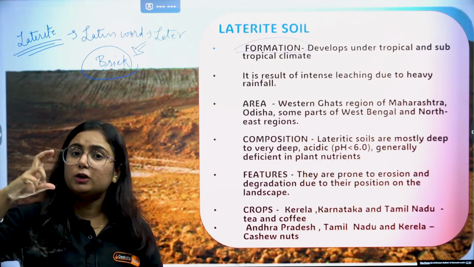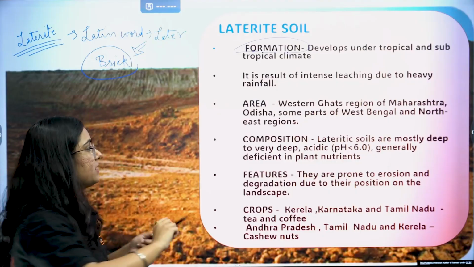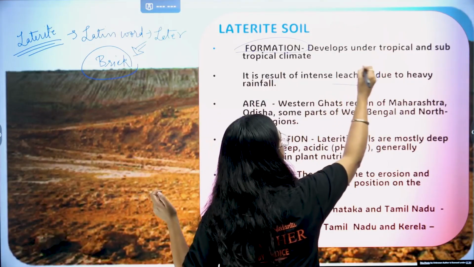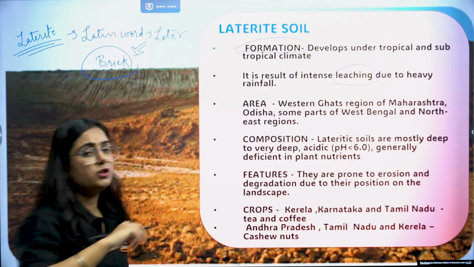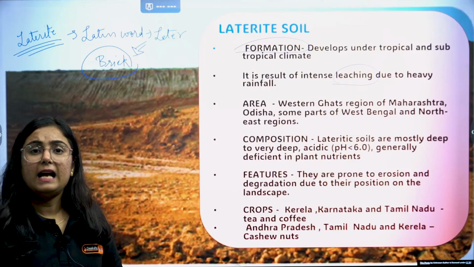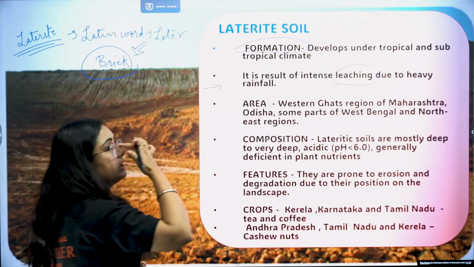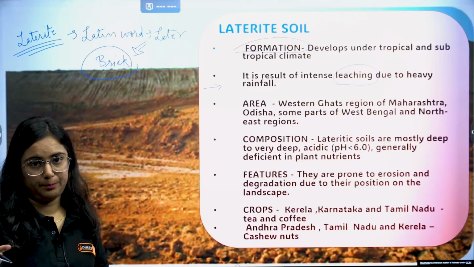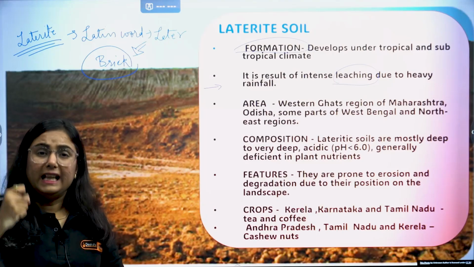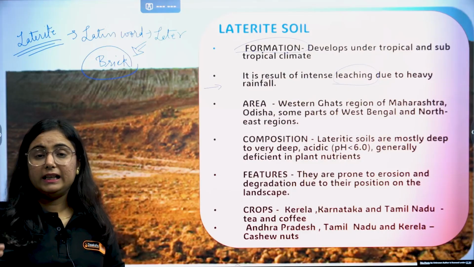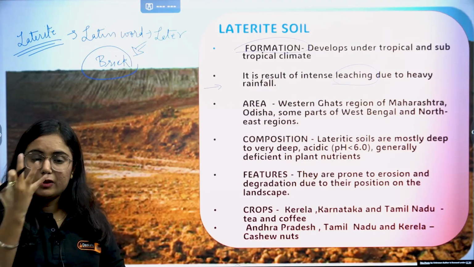Whenever that top layer of the soil washes away, that is known as leaching. Leaching of the soil, or wash away of the soil, and because of intense leaching, this particular type of soil becomes infertile.